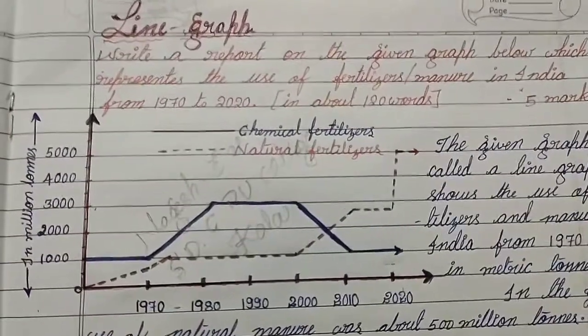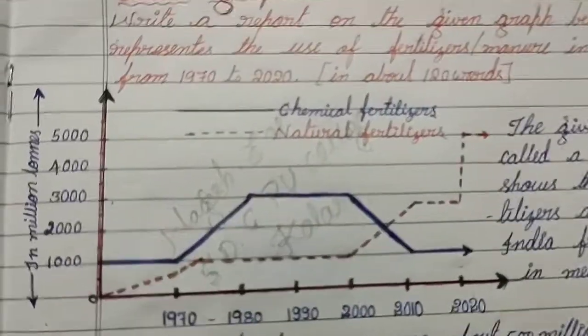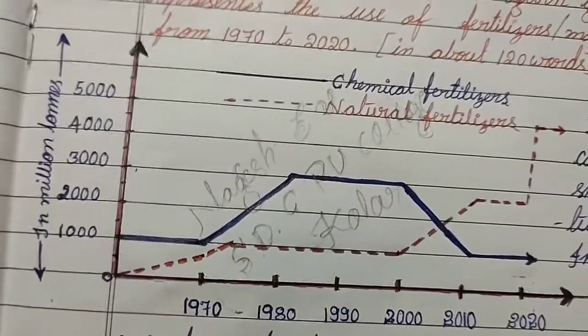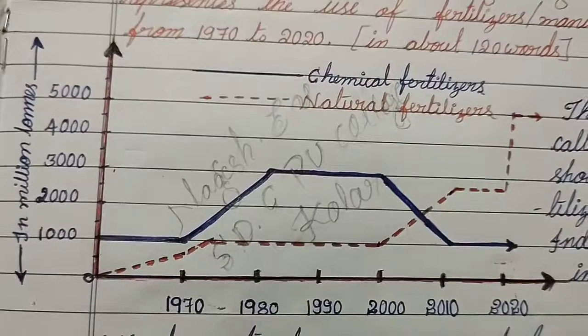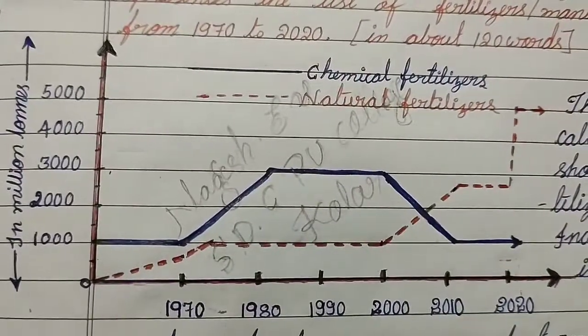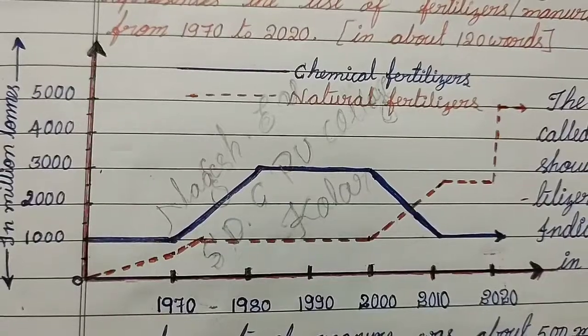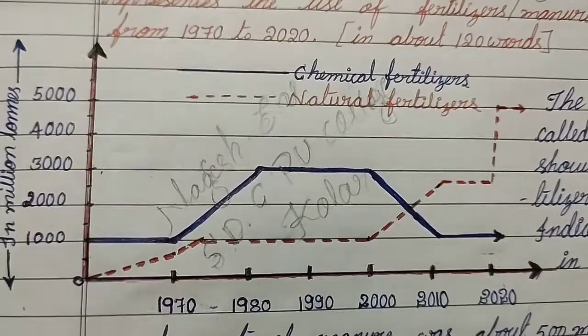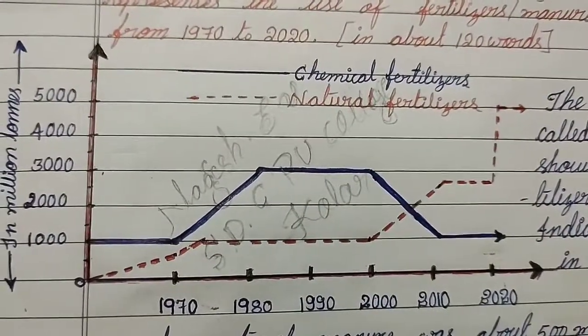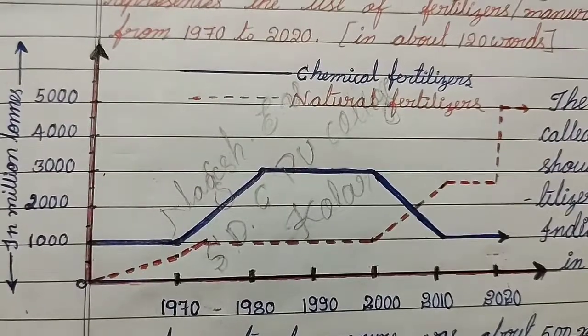Before starting the report writing, we have to observe the given graph. Have you observed? This is the line graph. There is one line with normal curves, and there is one more line which is dotted.